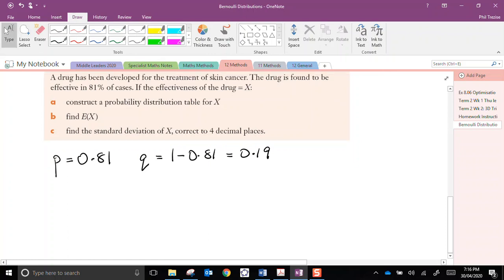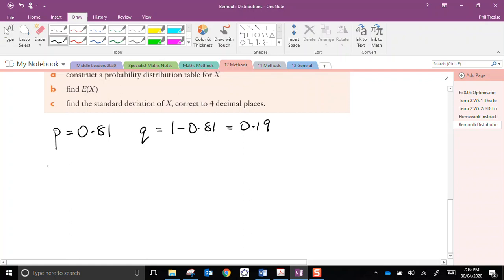Construct a probability distribution. All right then, so X could equal 0 or 1. In the event that X equals 0, it's a fail. This is 0.19. Otherwise, it's 0.81.